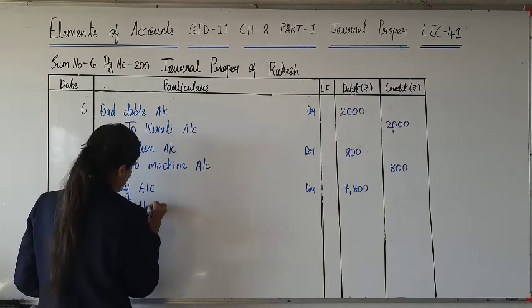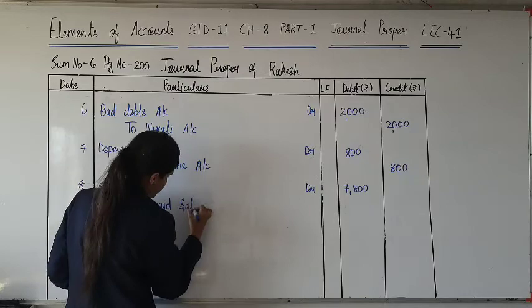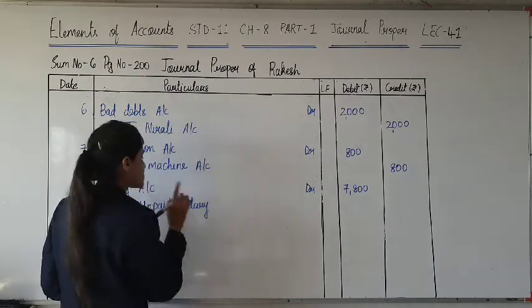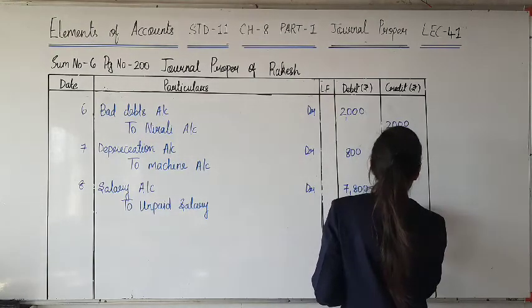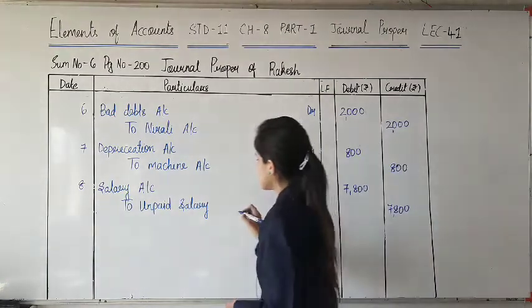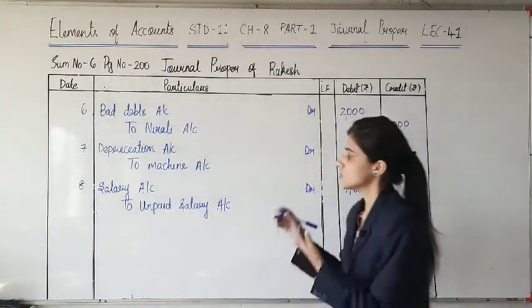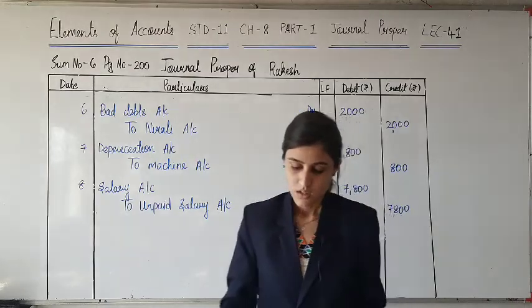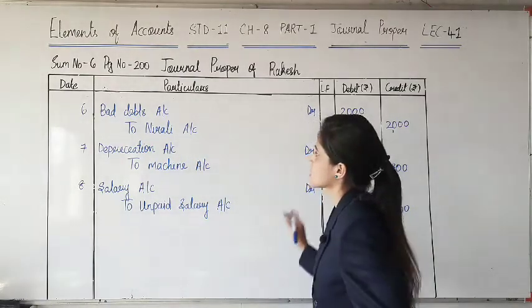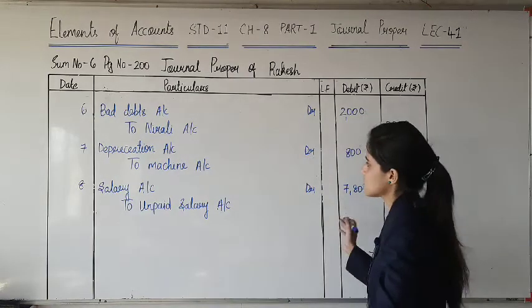So salary to unpaid salary is the adjustment entry for unpaid salary. We have just understood this journal entry in the topic of adjustment entries that we have understood before starting this sum. So with this we have completed sum number 6. You will total this and the sum is over.